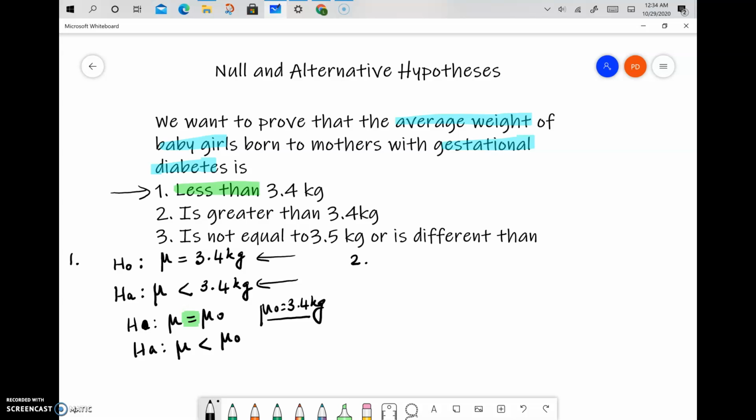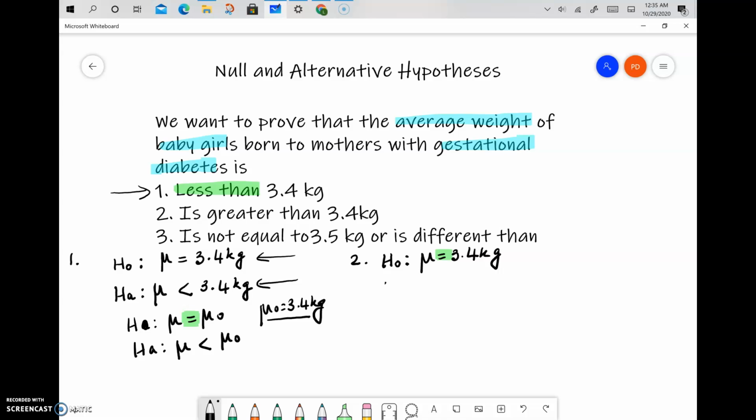Now the second one is very similar. Uppercase H, lowercase o, the null hypothesis, is mu equal to 3.4. Remember again that the null hypothesis always has an equal to symbol.